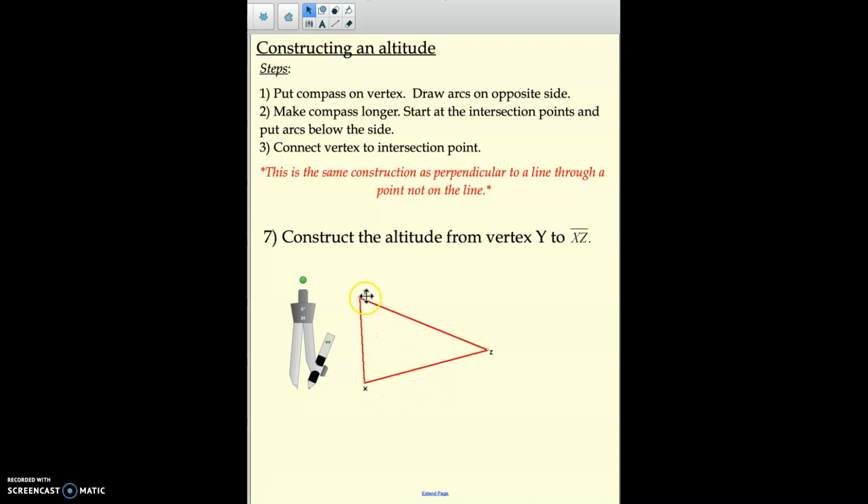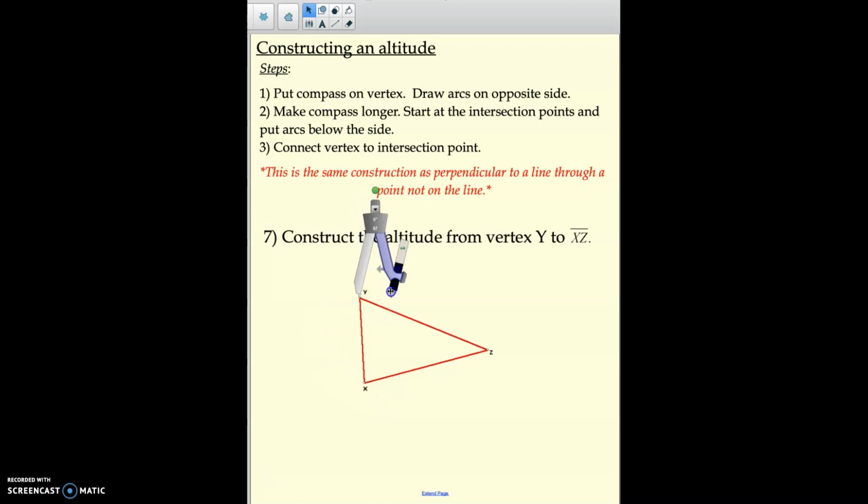So really what I want to do is concentrate on this point Y and this line segment XZ. I'm completely ignoring the left-hand side of the triangle and the right-hand side of the triangle. So again, the first thing that we're going to do is put our fixed point of our compass on Y. And again, I'm going to have to draw an arc that intersects XZ in 2 spots.